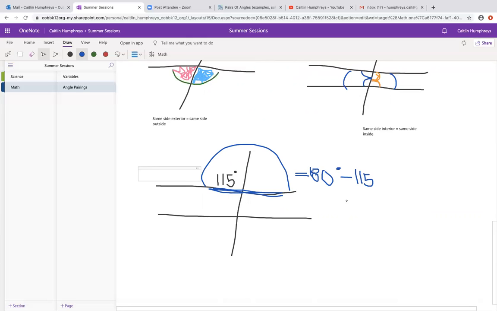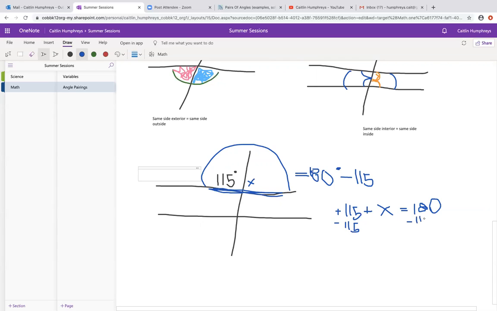But if it asks you to write an equation for this, you would say 115 plus the x, which is a variable, because right now this is technically unknown. It's not labeled. We have to figure it out. Equals 180. And then we know we do to the left what we do to the right. From variables, we know that 115 is positive, so we subtract it from each side, just like we did last Monday.